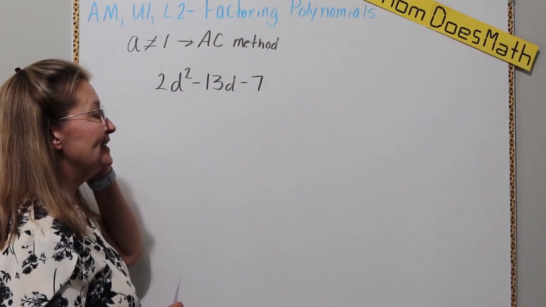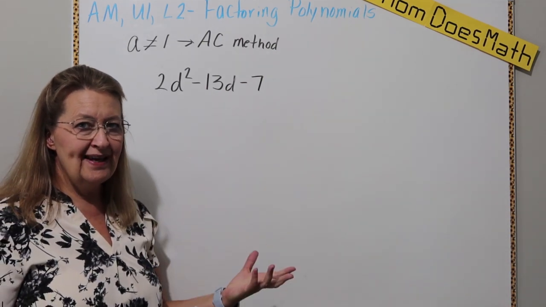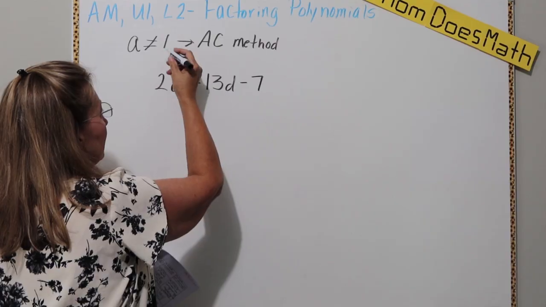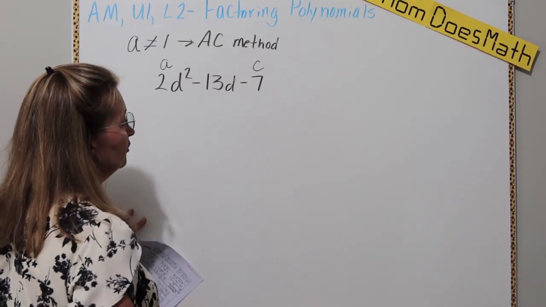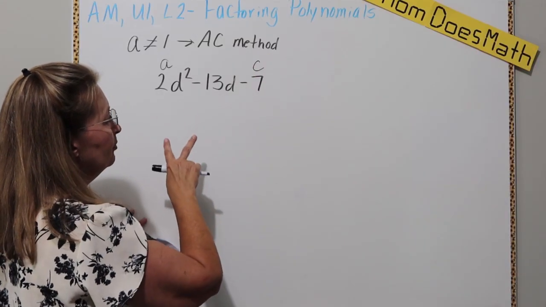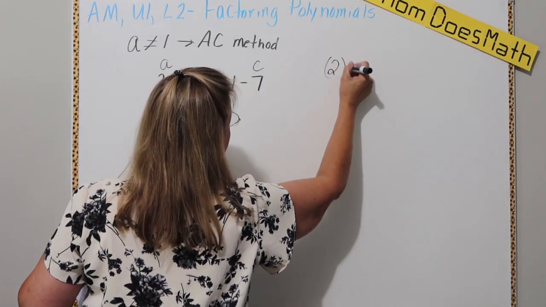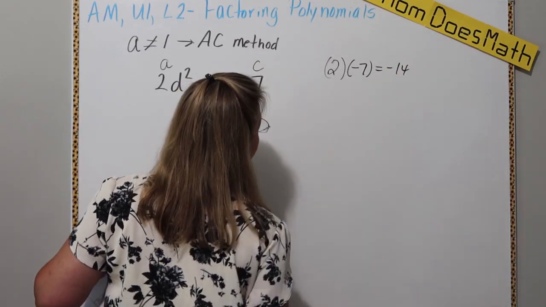So what is the AC method? You start off by multiplying a times c. What's a and c? Well, remember, when you have a quadratic expression, the coefficient of your first term is a, and your constant term is c. So when I say multiply AC, I'm going to multiply 2 times negative 7 and get negative 14.